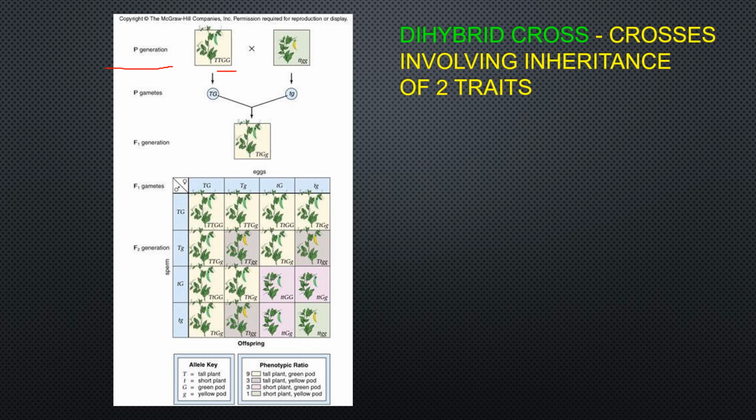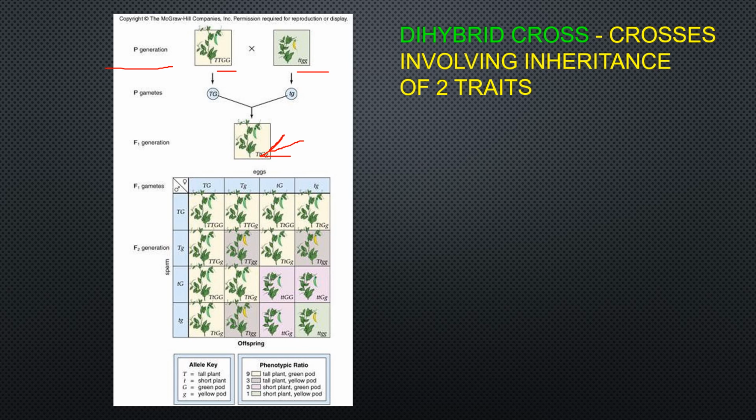And then we're crossing that with a short yellow P, so we denote that with homozygous short, which is lowercase t, and then homozygous recessive, which is yellow, denoted as lowercase g. So then we're going to cross those two, and we come up with a heterozygous tall and green plant. And in that case, the genotype is capital T, lowercase t, so heterozygous for tall, and capital G, lowercase g, which is heterozygous for green.